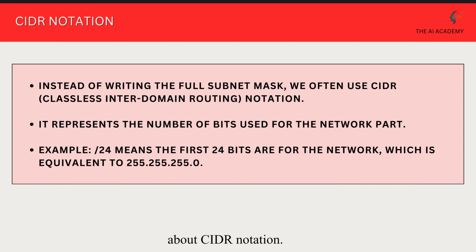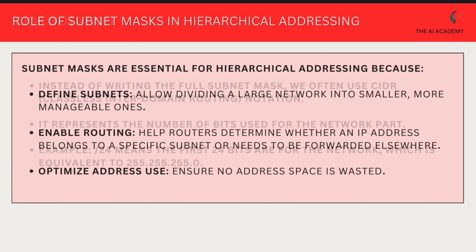Let's discuss CIDR notation. Instead of writing the full subnet mask, we often use CIDR, classless interdomain routing, notation. It represents the number of bits used for the network part. For example, /24 means the first 24 bits are for the network, which is equivalent to 255.255.255.0.